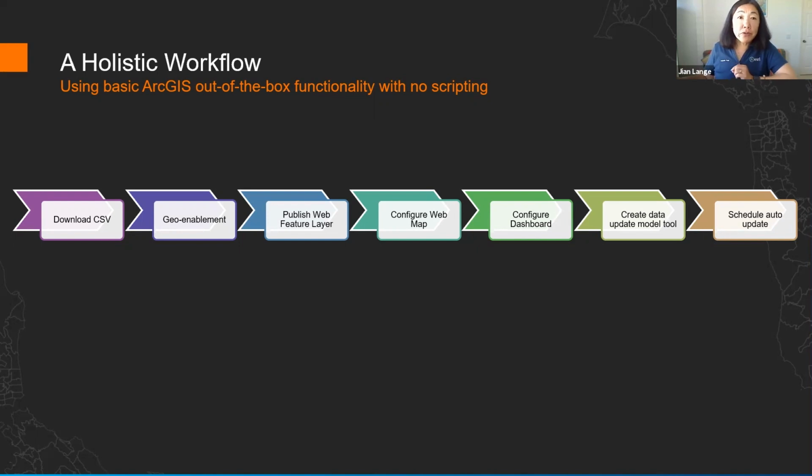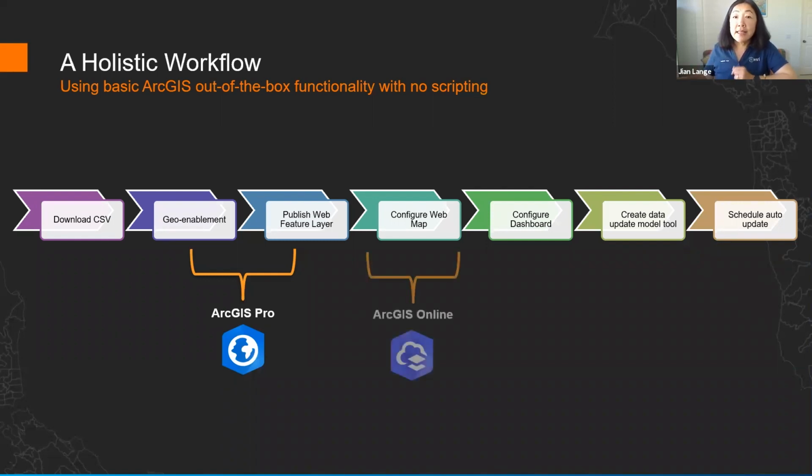We are going to use quite a few ArcGIS products. In ArcGIS Pro, we're going to geo-enable the CSV into a feature class, and then publish that feature class to ArcGIS Online as a feature layer. Then in ArcGIS Online, we use the map viewer to configure the web map.